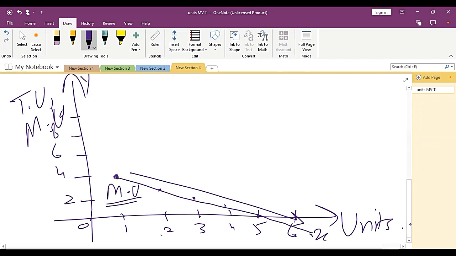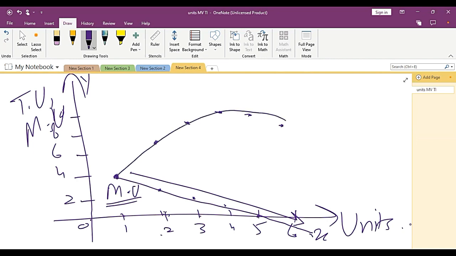So at first it is the same, 4, then 7, then 9, then 10, again 10 at level 5, and at level 6 it is 9.